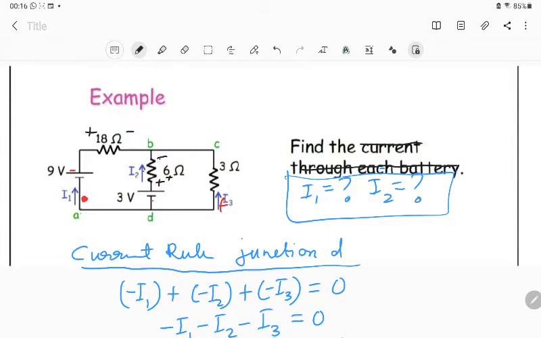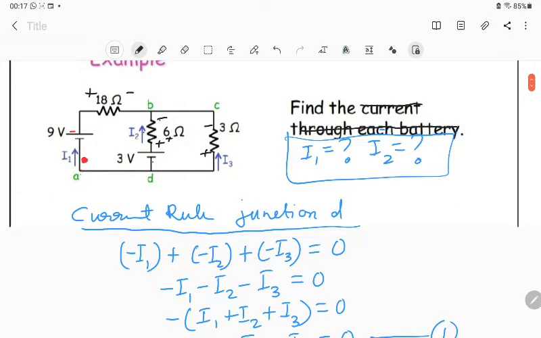Here in this 3 ohm resistance also, I3 current is moving like this. So this side is positive and this side is negative. I will write that there: this side is positive, this side is negative.